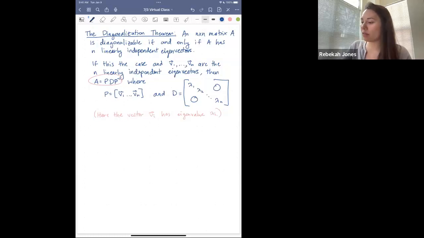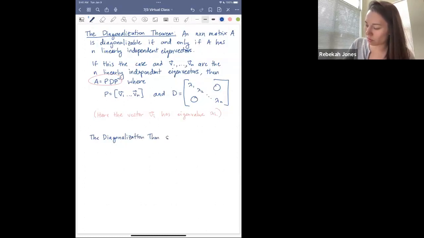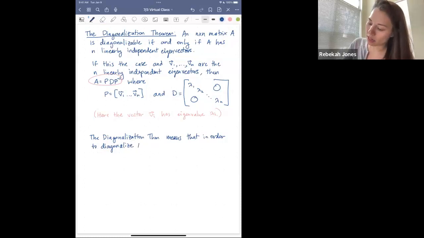And notice that if we're given a matrix A, what we'll need to know is the eigenvectors of A. The diagonalization theorem says, well, let me put it this way: it means that in order to diagonalize A, we need to find its eigenvalues and eigenvectors.